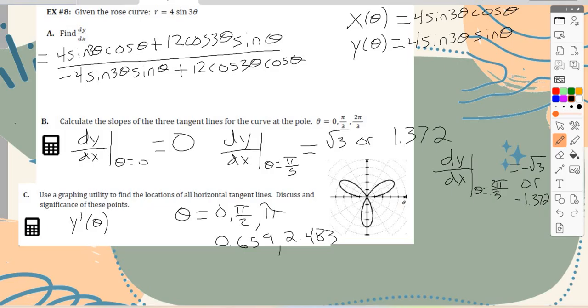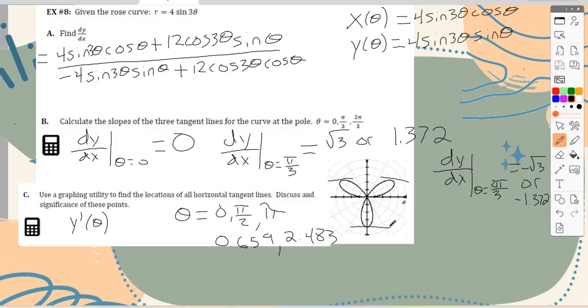So what is this going to look like on our graph? We would have what there? Horizontal tangent, yes? So it's going to be where we are just curving off, right? On some of these petals. Kind of hard to draw, but are you with me there?